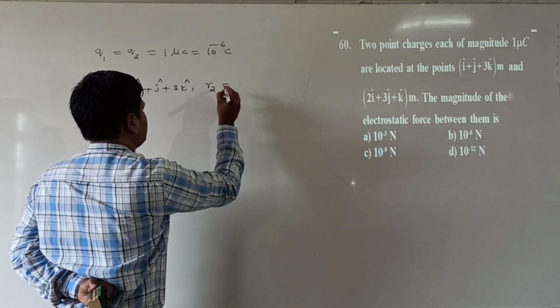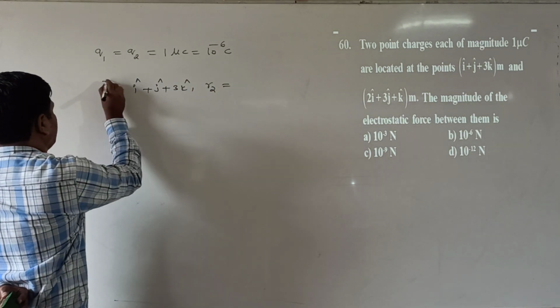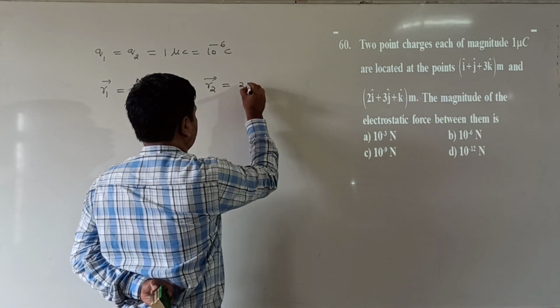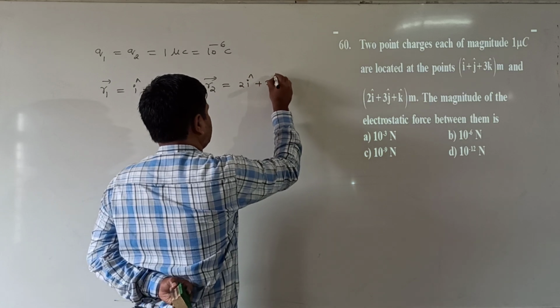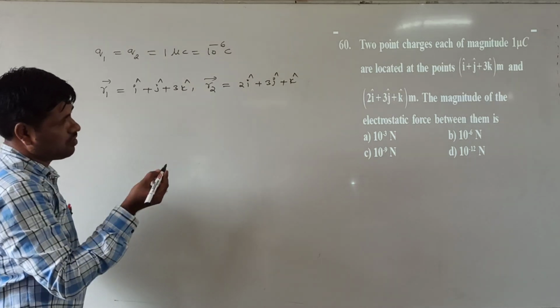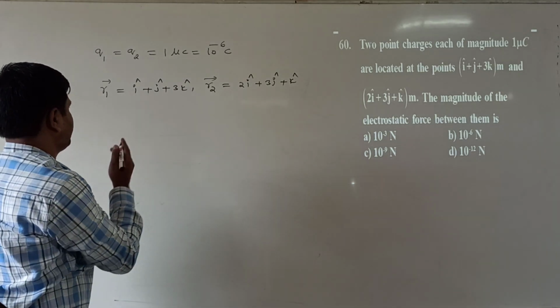Now what is r2 given here? r2 bar is equal to 2i cap plus 3j cap plus k cap. These two charges are located at these two points.